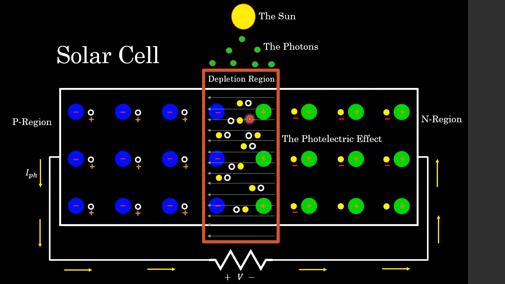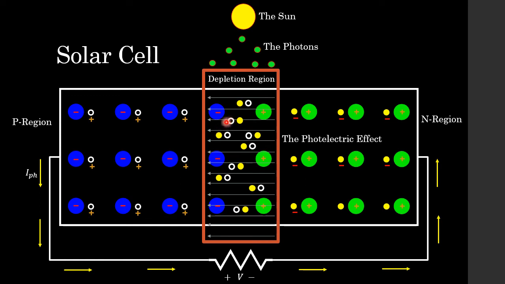Once they impart this energy, if we then connect a resistor to our solar cell, all these free charge carriers that are generated within the depletion region due to collisions from photons coming from the sun can then flow according to the electric field.